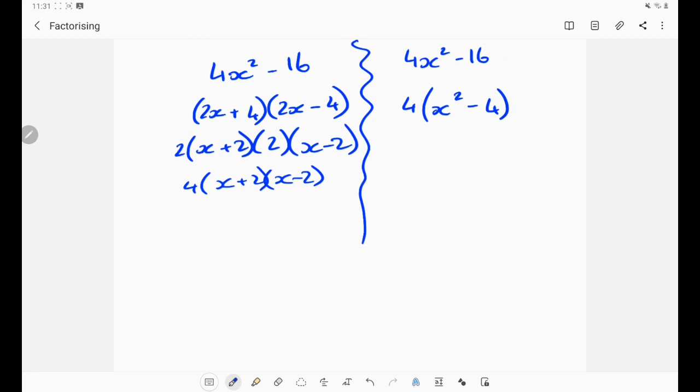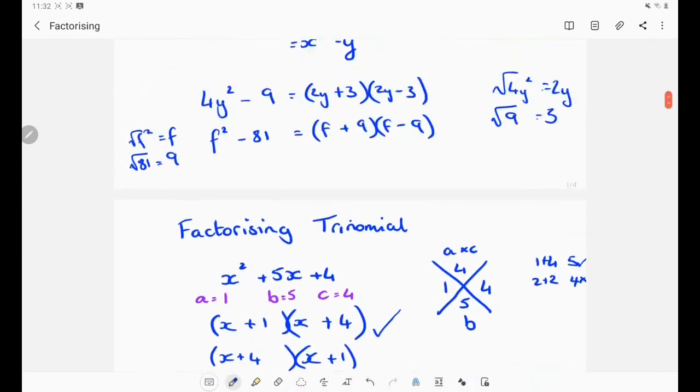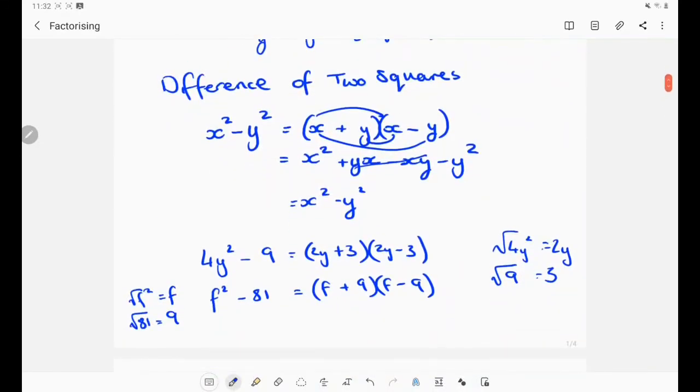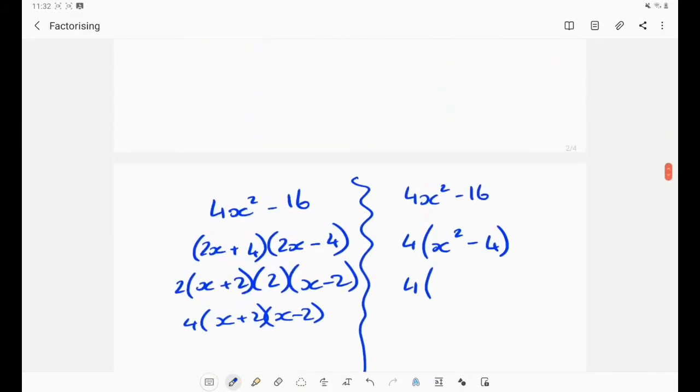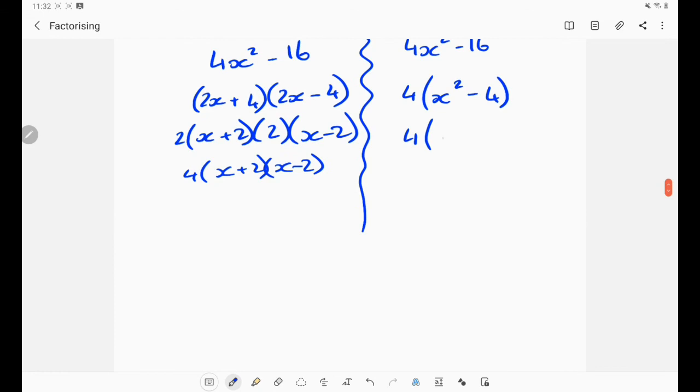We then look at what is inside that bracket, the same as we did on the other side of that squiggly line. But this time, what's inside that bracket, we are looking for either difference of 2 squares, tick, we've got that. So, square root of the x squared, square root of the 4, positive, minus.